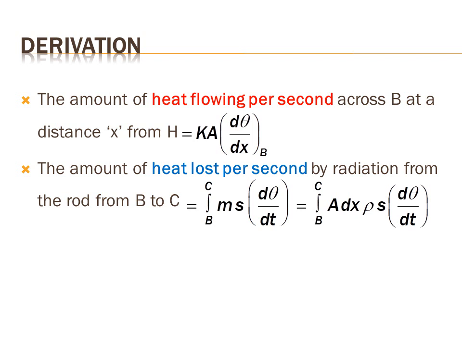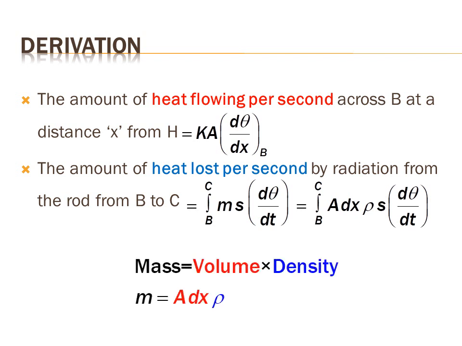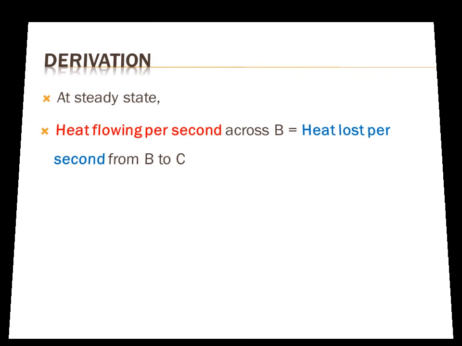In case you are wondering how A dx ρ came there, we obtain it from the relation for mass, where mass is given by volume into density, and volume we know is area into distance, which is A dx, and density is denoted by ρ. So on substitution for the mass in the expression, we have the amount of heat lost per second by radiation.